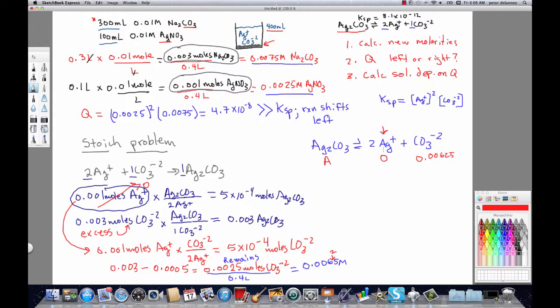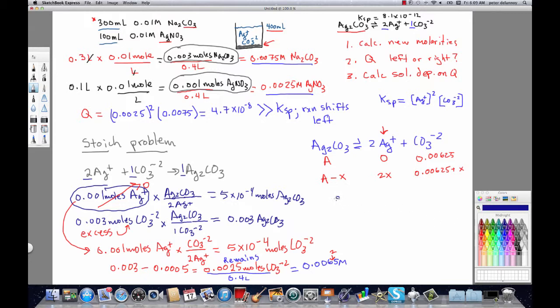Notice that the silver has gone to 0. So Le Chatelier says the system has to go to the right now. So some of the solid is going to dissolve in order to produce silver. The silver ion will be 2x, and our carbonate is going to be 0.00625 plus x.